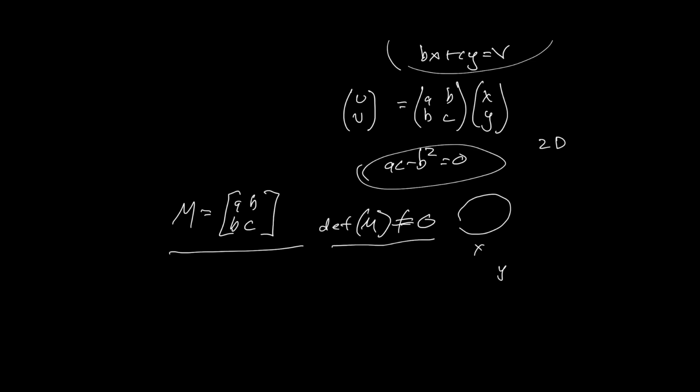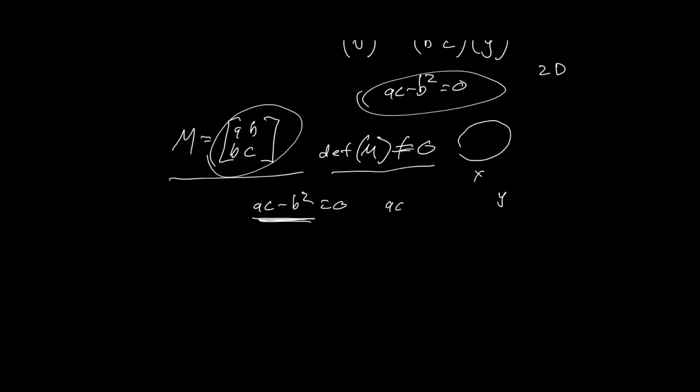So if you look at this determinant, ac minus b squared, if it was 0, then it would not be invertible. So that's the special case here with b squared minus ac. You have something physical, which is a 2-dimensional harmonic oscillator, and if ac was equal to b squared, then it would no longer be a 2-dimensional harmonic oscillator. So that's what's giving it that restriction. I hope that made sense. All right, that's it. Thanks.